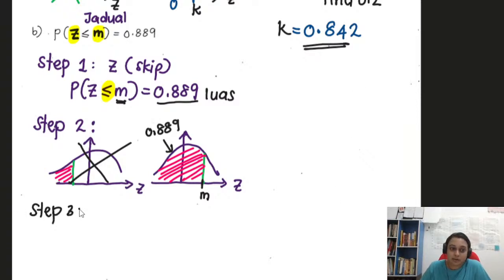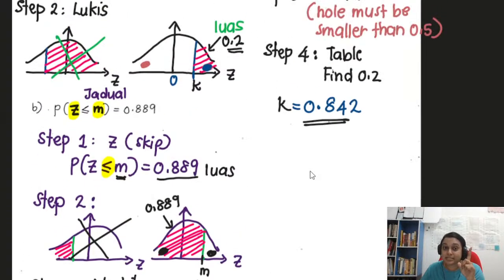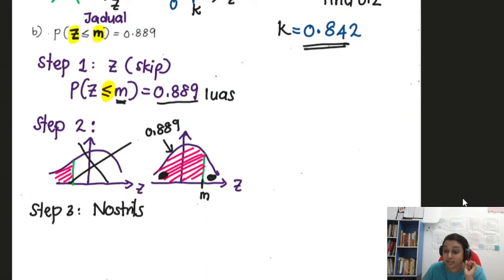Okay, now step 3. Step 3, lukis the lubang hidung, the nostrils. Draw the nostrils both side. Lukis lubang kedua-dua belah. That's now teacher gave you all the clue. The lubang hidung mestilah kecil daripada 0.5 kan? Which one looks like smaller than 0.5? Is it this A or is it B?